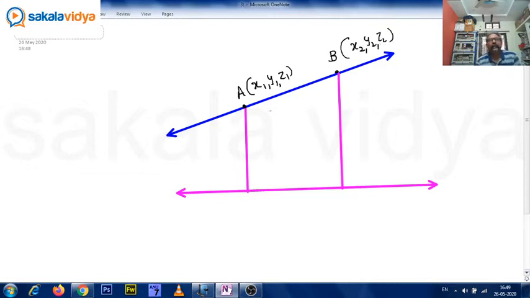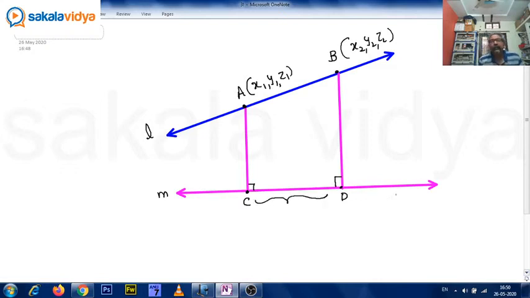So AB is a line joining the points x1, y1, z1 and x2, y2, z2. Then we need to find, suppose there is another line. Suppose this is L line, this is M line. We need to find the projection of line L on M. Say, this is C point, this is D point, these are perpendiculars. So projection means the length of CD you need to find.